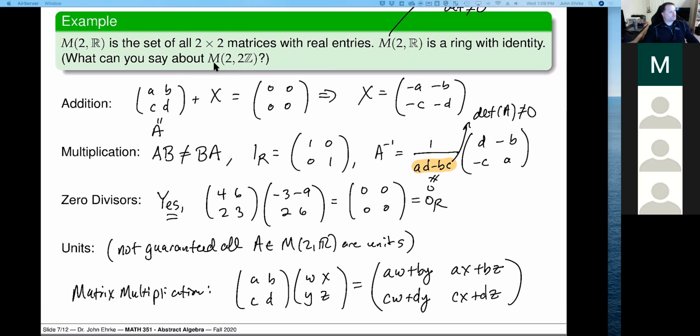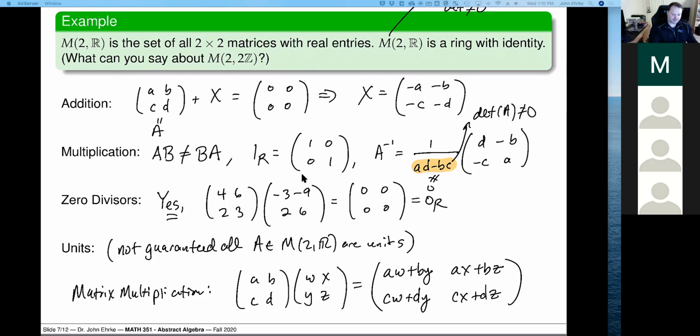So how does the situation here change if we're talking about M2, but rather than fill the matrix with elements from R, I fill them with even integers? Well, if you think back to what we talked about with even integers, the problem is there's not an identity element.